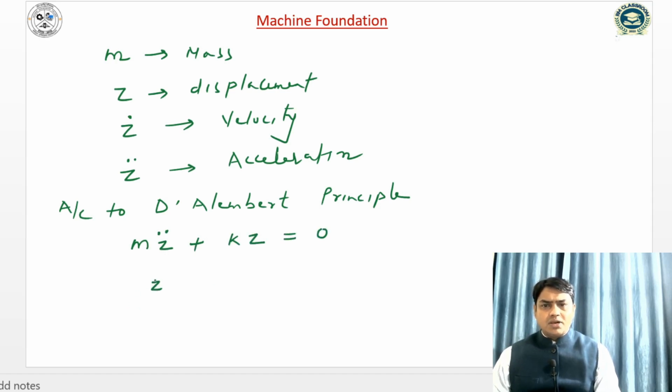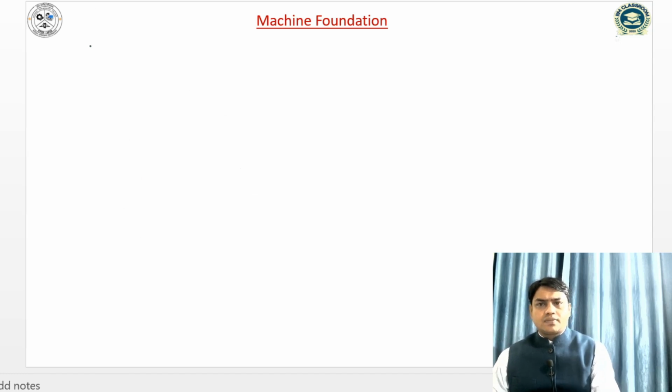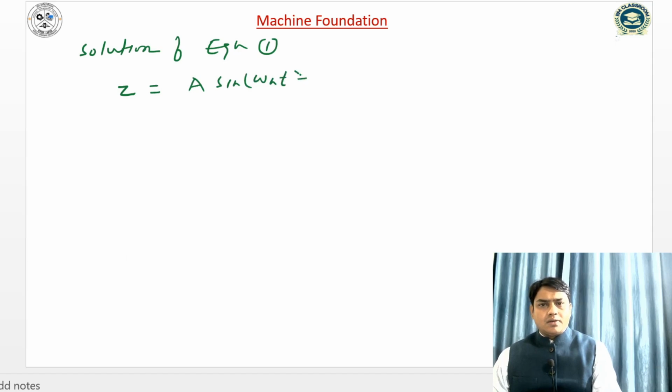Or we can write z double dot plus k by m into z is equal to 0. So the solution of this equation can be written as z is equal to a sine omega nt plus b cos omega nt.